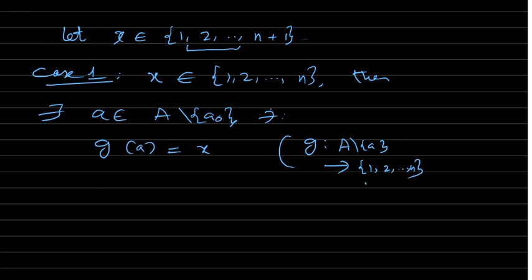And x you have taken from here, so that means you can find an element from this set A minus a naught such that the image of that element under g is equal to x.